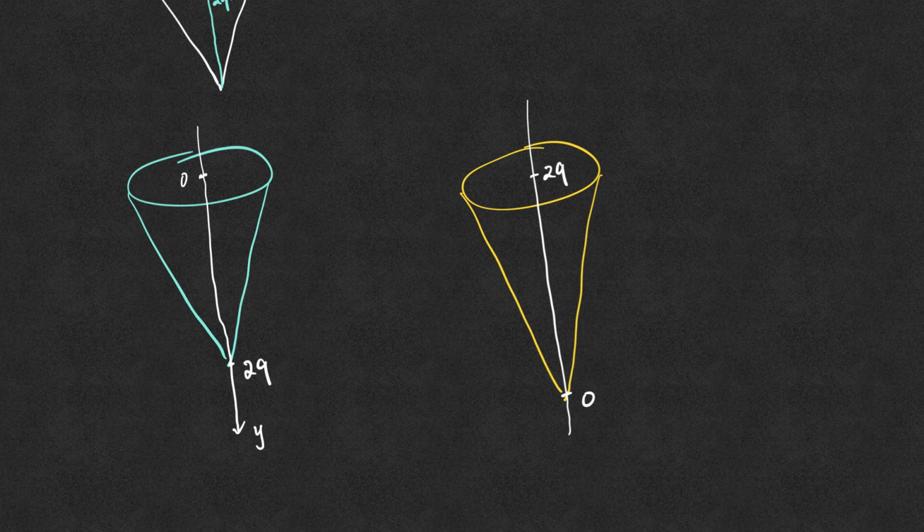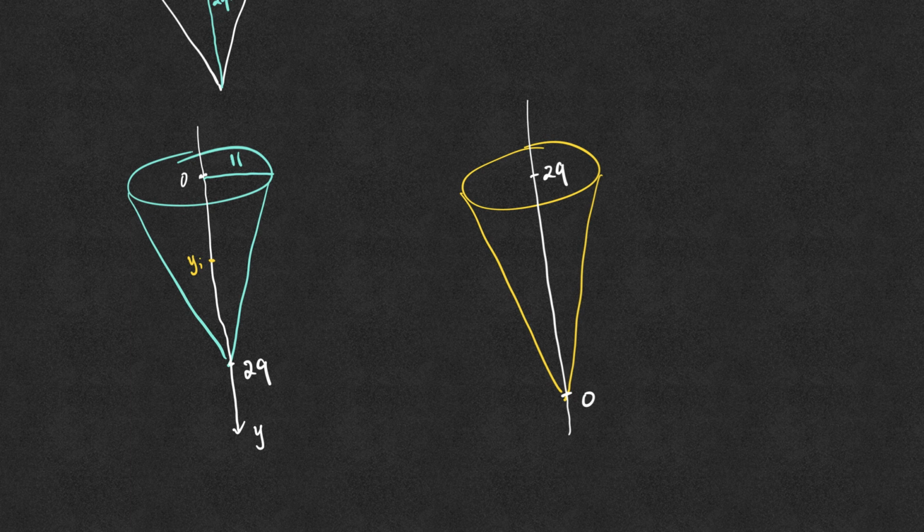For example, with the first setup, where the positive y-axis is pointing down, the radius of this inverted cone is 11 meters. If we pick any point inside the cone from 0 to 29, the distance from the origin 0 to this point is y sub i.